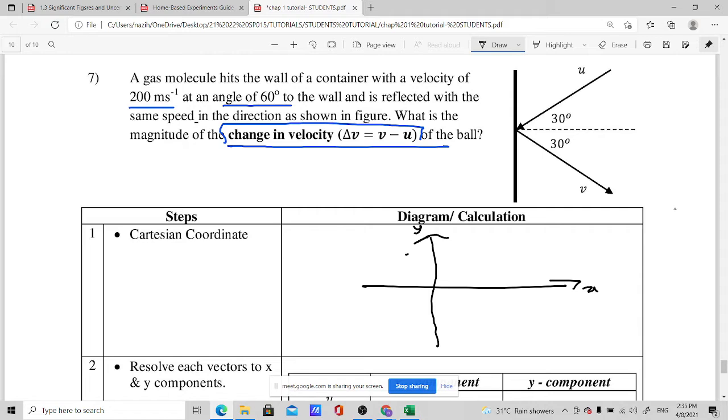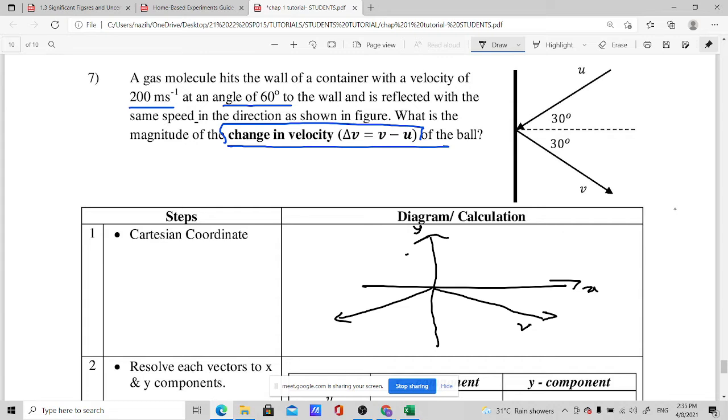As you know before, in order to draw a vector diagram in a Cartesian coordinate, make sure the direction of the vector is pointing out of the origin. So this is your origin. Vector v has no problem, it is out of the origin. So this is your v. For vector u, it is from here, so we are going to extrapolate it and make it downward like this.